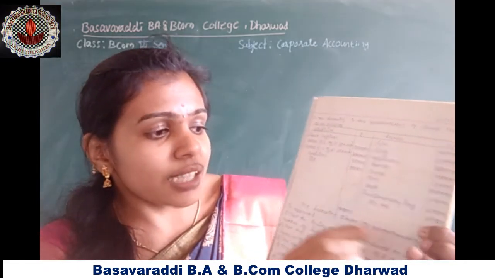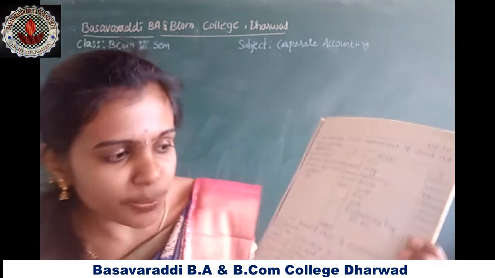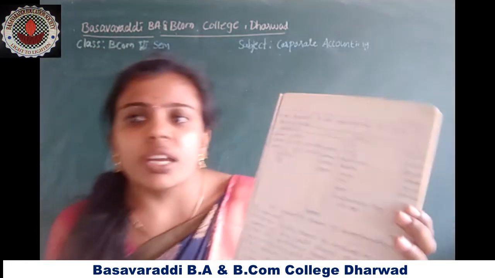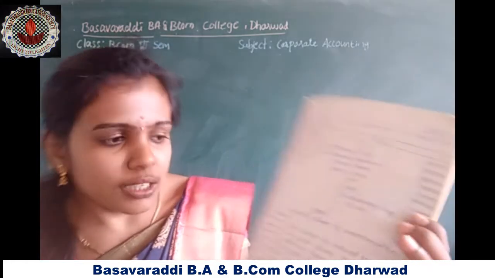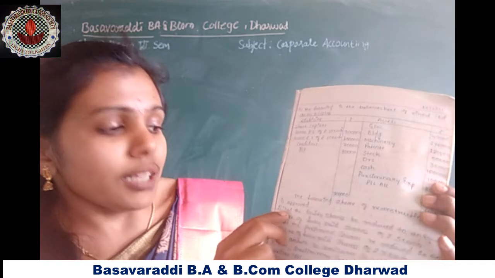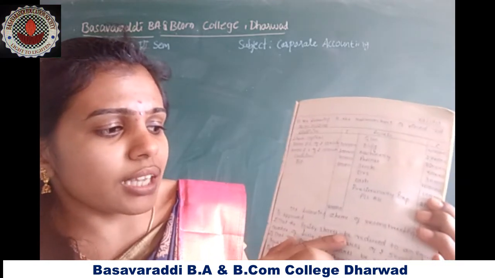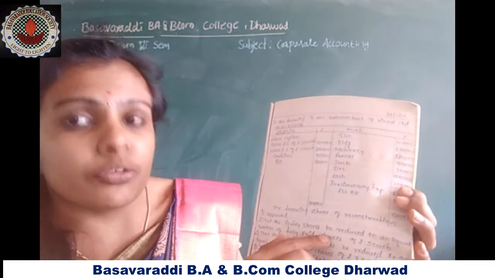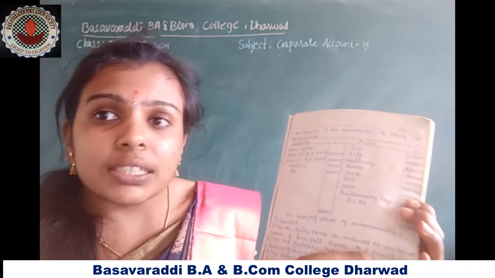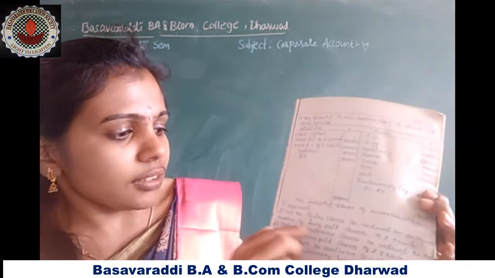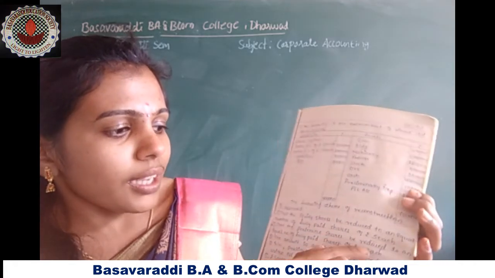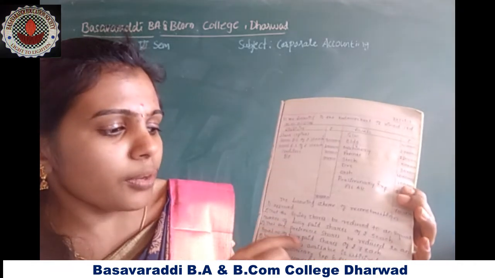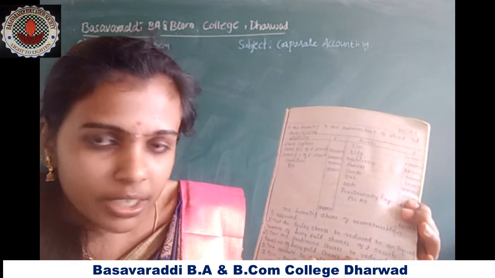The following scheme of reconstruction was as follows. First, the equity shares be reduced to an equal number of fully paid up shares of rupees 5 each. Second, the preference shares be reduced to an equal number of fully paid up shares of rupees 7 each.